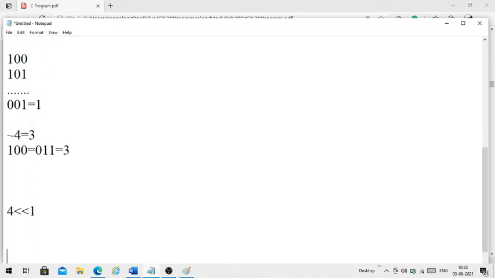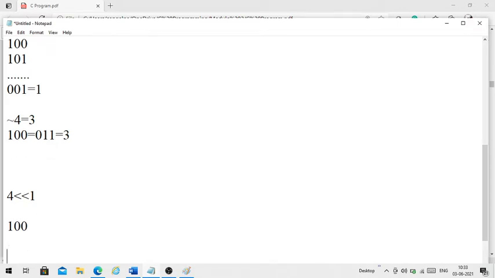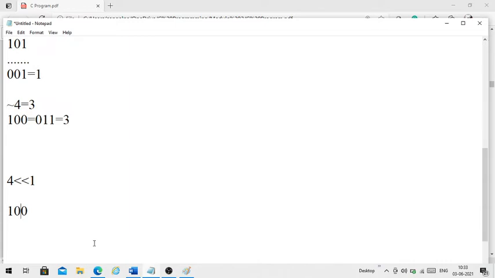What it means is that the binary equivalent of 4 is 100. So what I will do is shift the bits. This 0 will be shifted to the left side. The second 0 will be shifted to the second position.